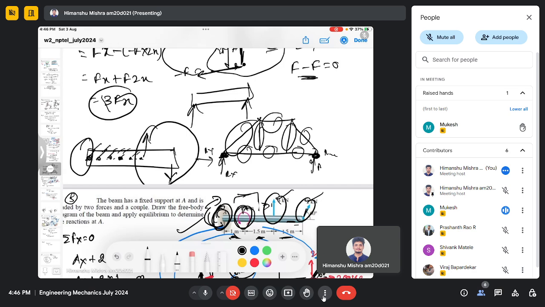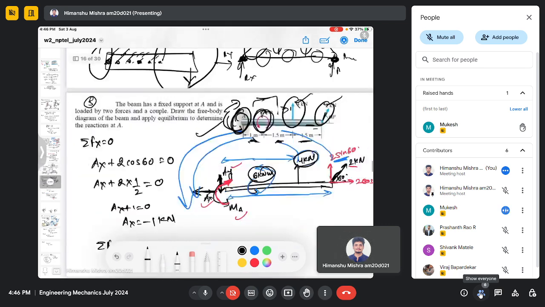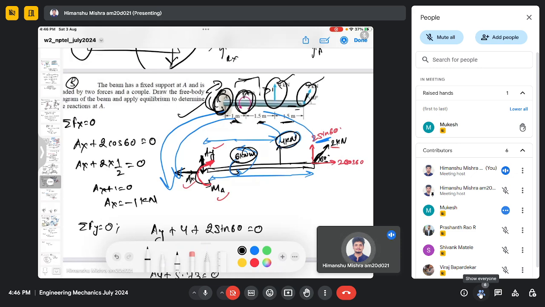Is there also an effect by the 4 kilonewton force? Moment, sorry. There is also a moment caused by the 4 kilonewton force, at point A. This can be found if you break the 2 kilonewton force into components.